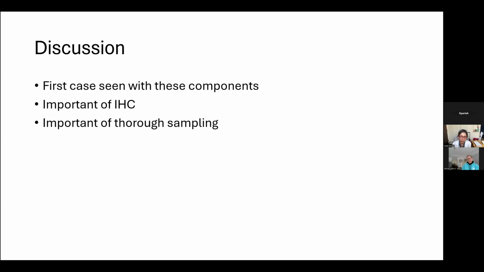So I try to liaise with all of them and see which one can really help me and get things sorted out. But at my center, I'm really pushing to have immunohistochemistry to help solve some of my problems.